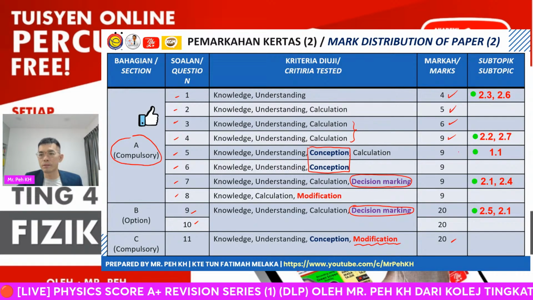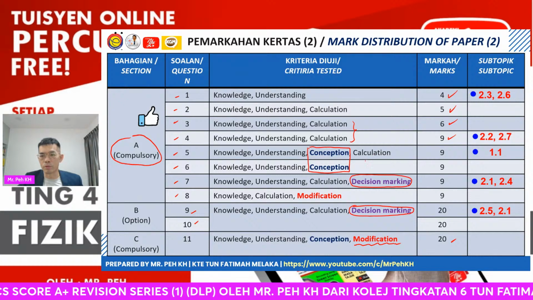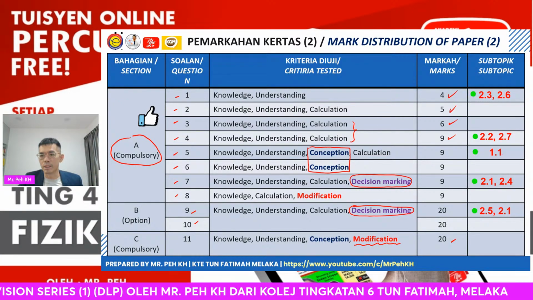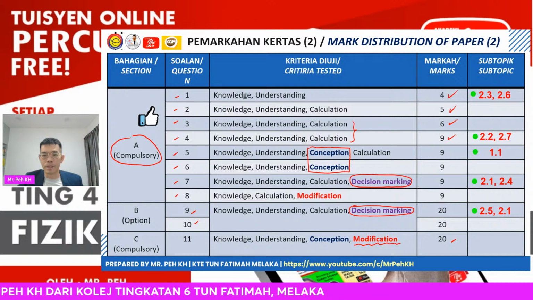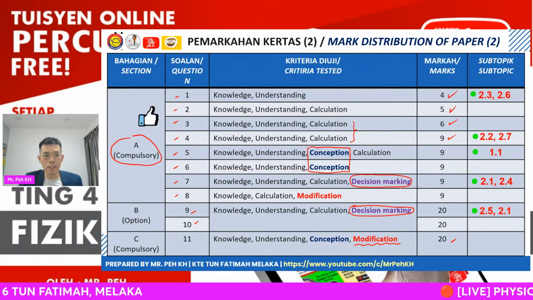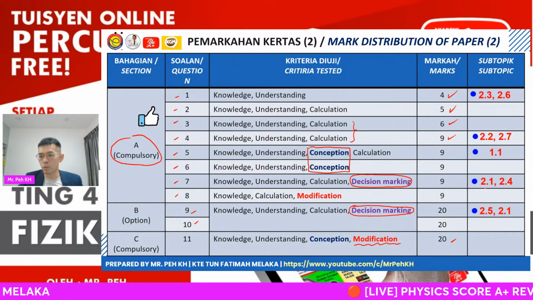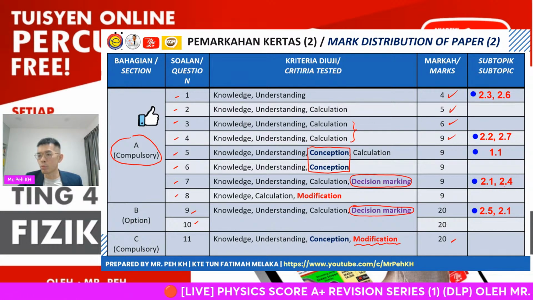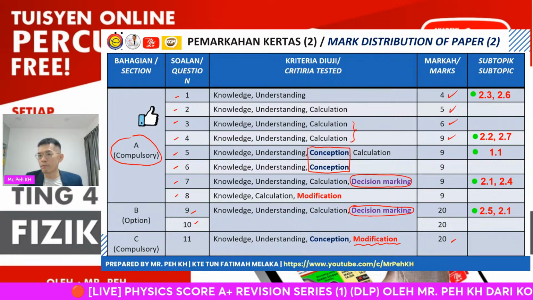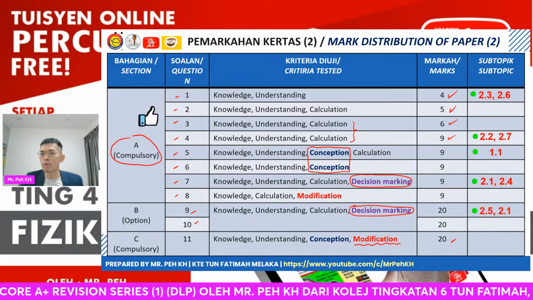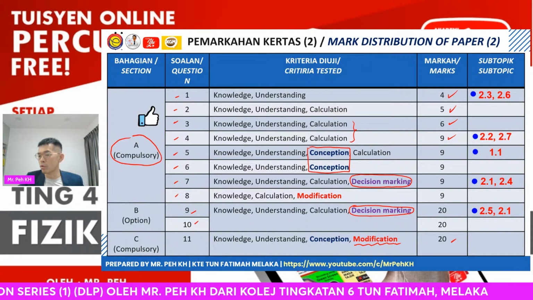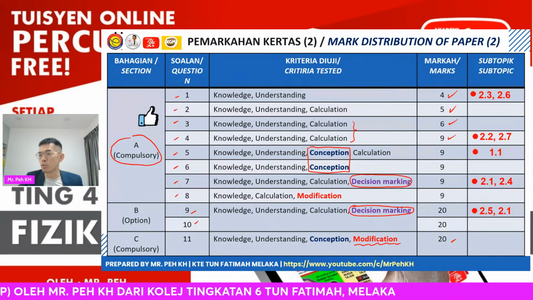There will be one comparison or conception question, but I selected the chapter 1 question here. And then we have the decision making questions for section A and section B, covering subtopics 2.1, 2.4, and 2.5. After the discussion today, I think you will understand better what you have already learned in these 2 chapters.